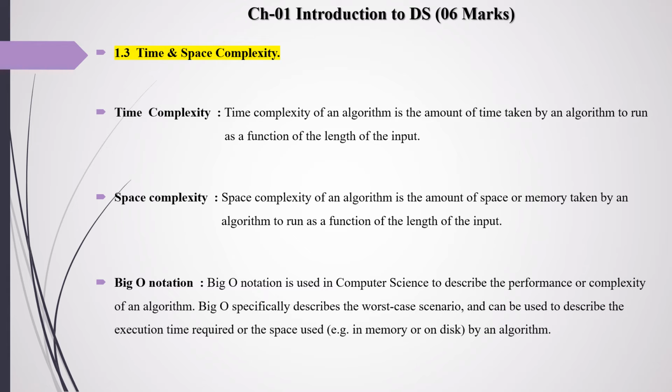So big O notation in our syllabus is only a definition, but it is a very vast topic. So big O notation is simply used to describe performance or complexity of an algorithm.